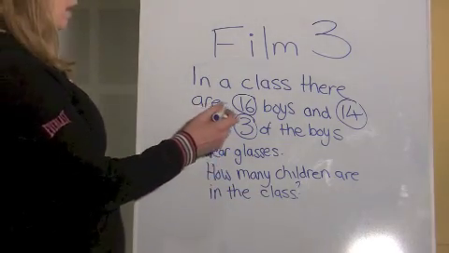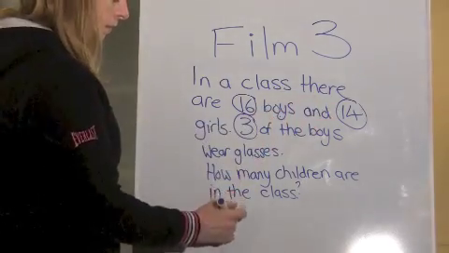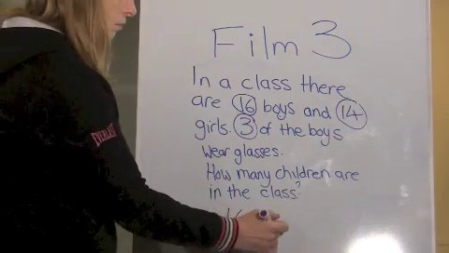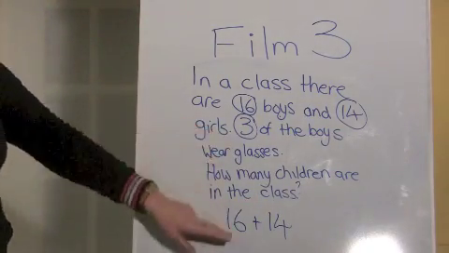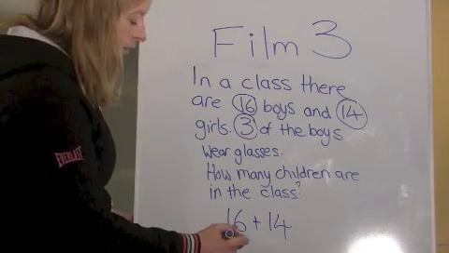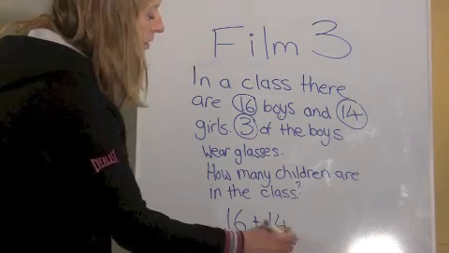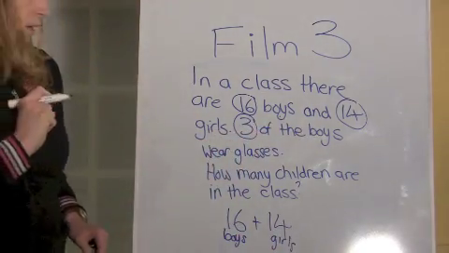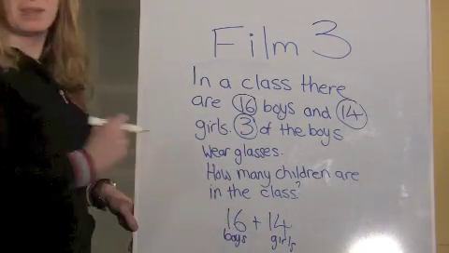Well, I have 16 boys and 14 girls. What about this number? 16 boys, 14 girls. 3 of the boys wear glasses. Well, I've already got the boys. Those 3 are in that number there.